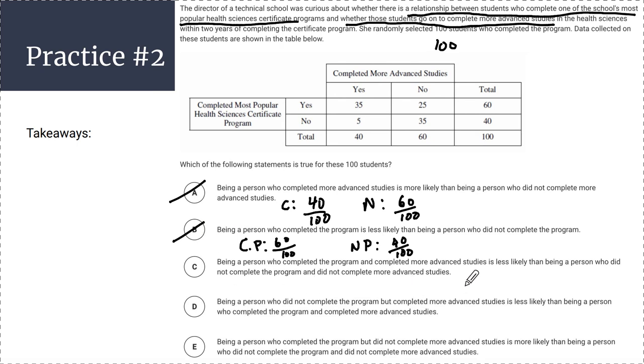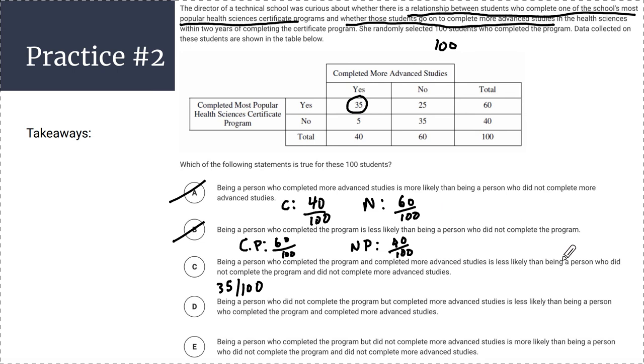Being a person who completed the program and completed more advanced studies is less likely than a person who did not complete the program and did not complete more advanced studies. Cool, we got a lot of language here. Being a person who completed the program and completed more advanced studies, that's 35 out of 100.